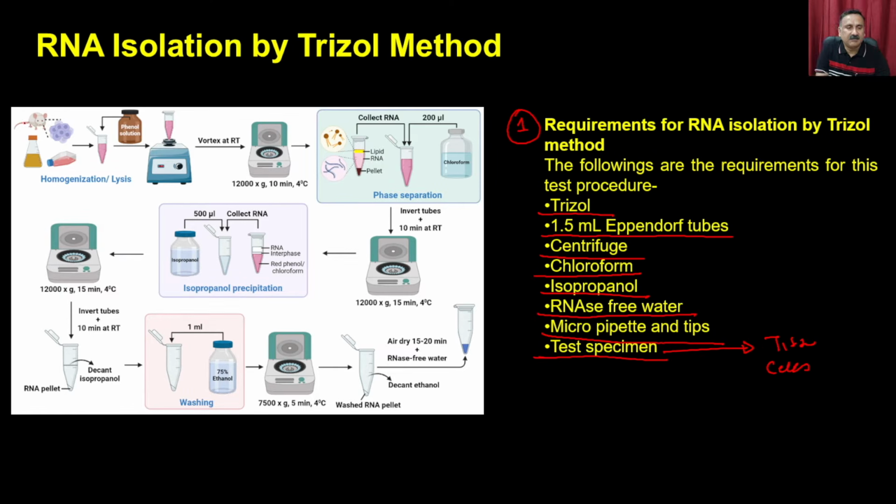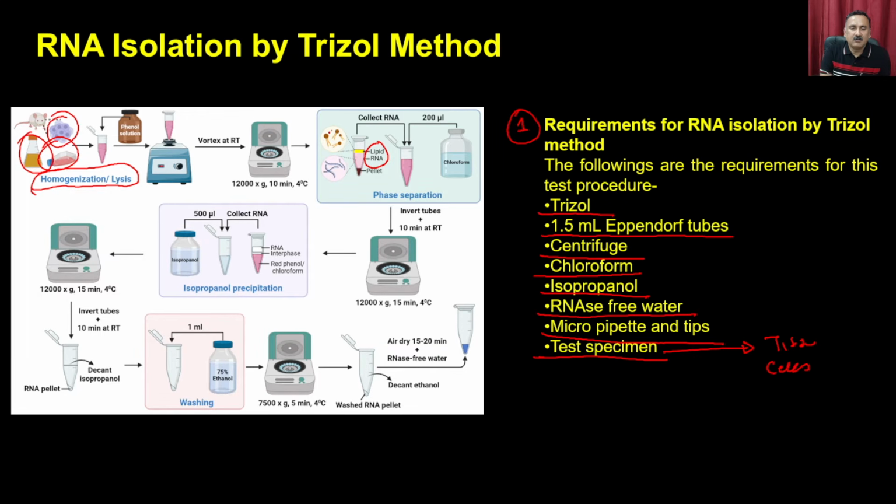The first step is to take either the tissue or the cell culture cells, and then do the homogenization or lysis. Once you vortex and do the other steps, you add the trizol, and that gives you the phase separation. You have the aqueous phase and the organic phase.